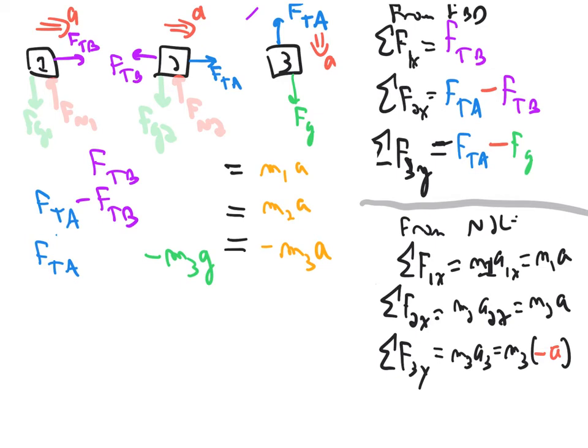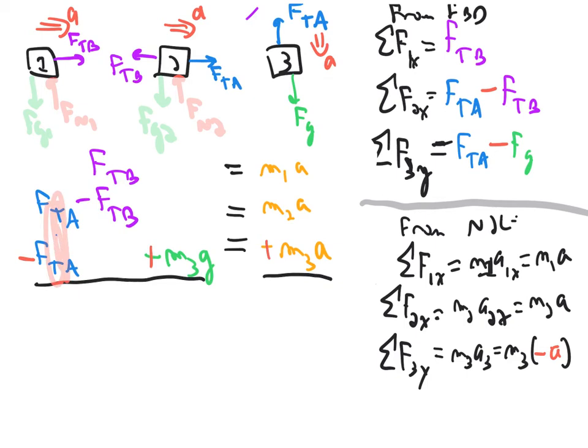So we put a minus sign here, and then minus a minus is plus, and minus a minus is plus. So we end up with those. And then we basically say we add the left side and we add the right side and see what comes out. Because when we do that, we can say that FTA minus FTA, right, because we're adding them, cancel.